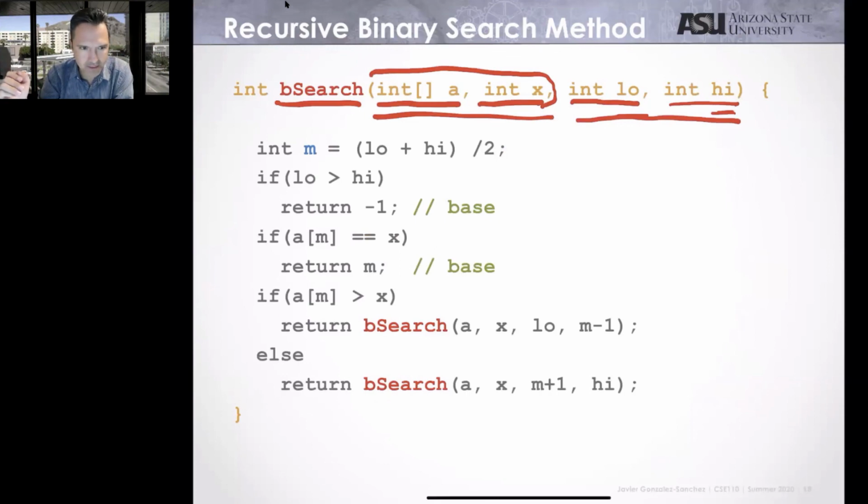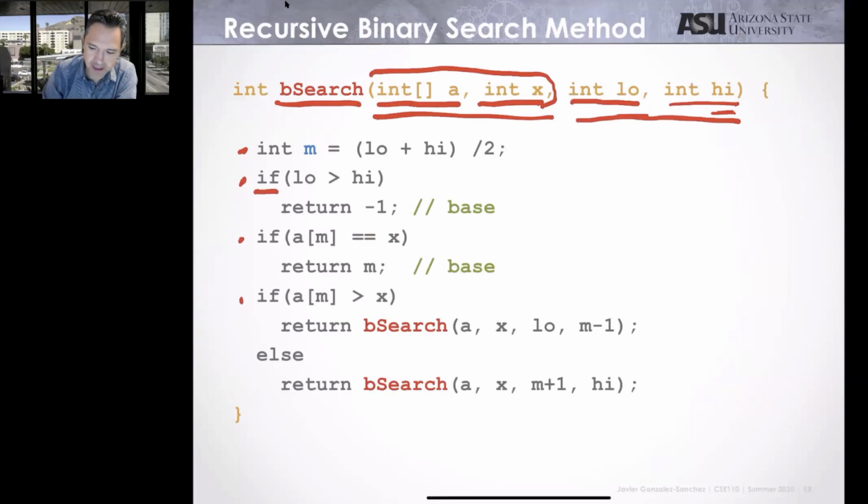Inside of the method, calculate the middle. Use as before. If condition greater than, if condition equal, if condition greater than for the middle. Very simple.